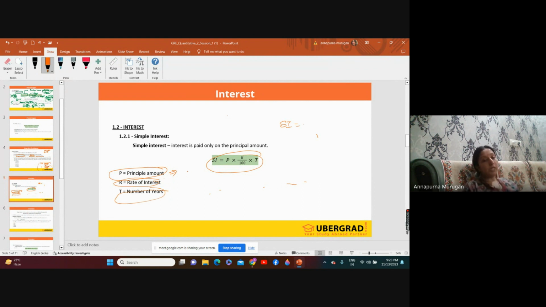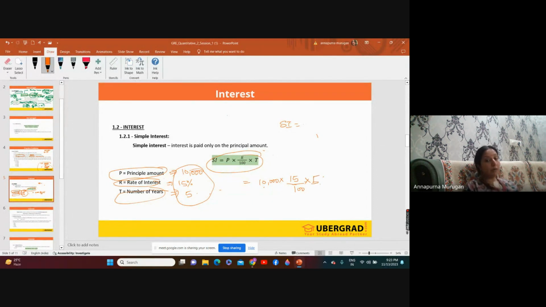For example, if I have borrowed 10,000 at the rate of 15% interest for 5 years, what is the simple interest? That means how much extra amount I'll be paying. I'll take 10,000 into 15 divided by 100 into 5 years.